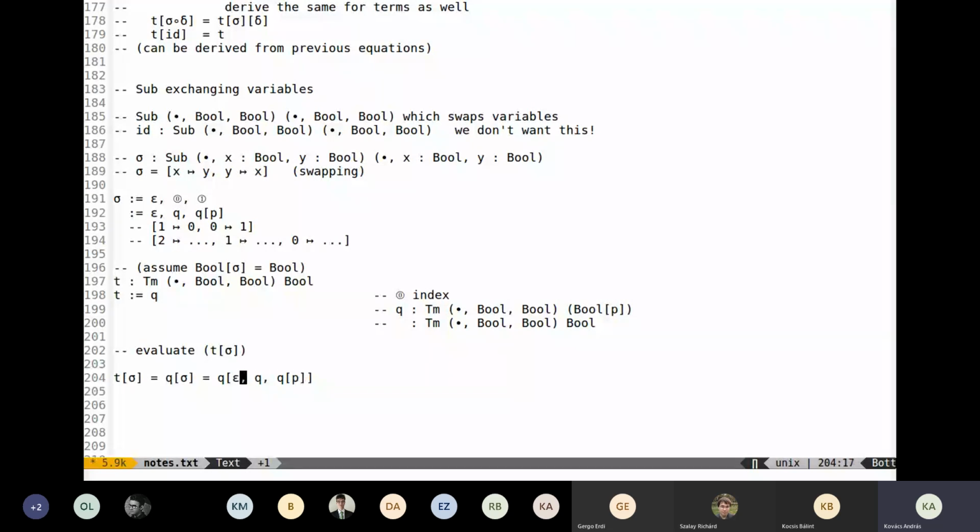Another thing you should remember is that this comma is a snoc operation, so it's parenthesized like this. Let's try this out. If I put the parentheses here, then I get this, and now I have a rule for q. There is a substitution rule for q, which just projects out the last component in the substitution. So I get q p, and q p is the 1 de Bruijn index.